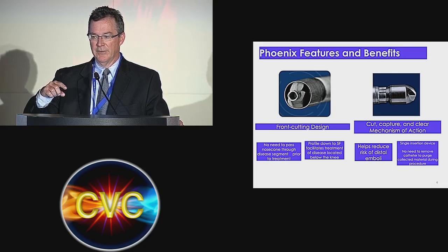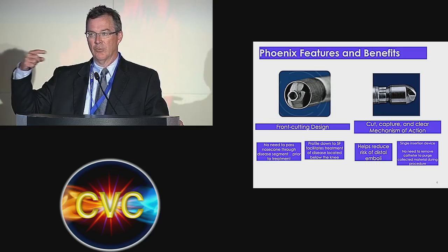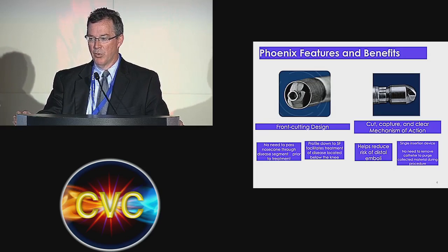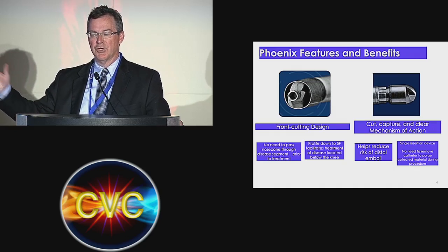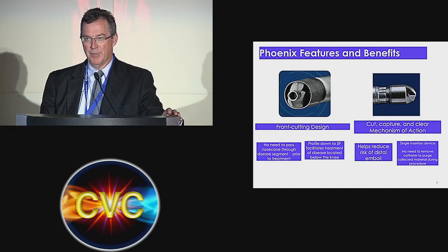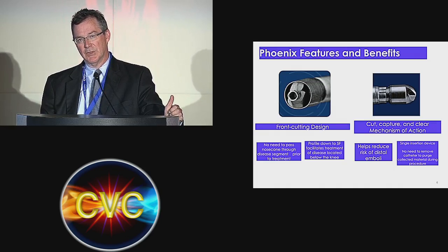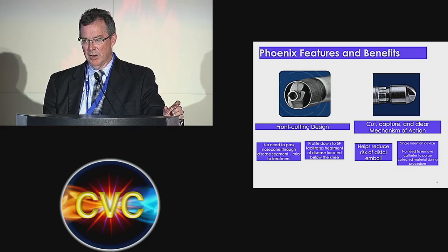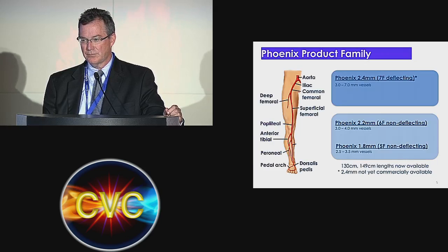It has an Archimedes screw that comes up the shaft, and the debris will then be brought passively back through the shaft out of the catheter. So it certainly has benefits of helping reduce distal emboli, and as I said, the front cutting aspect helps it get through most lesions.